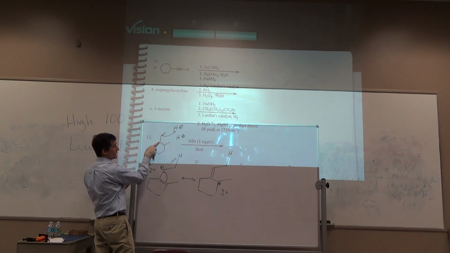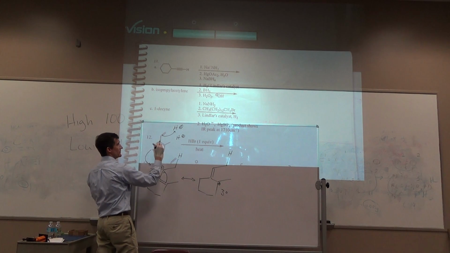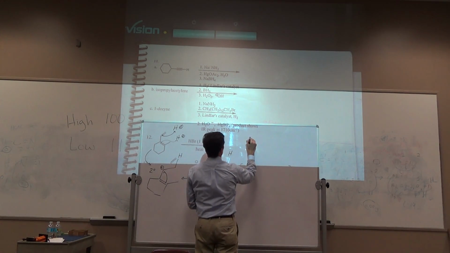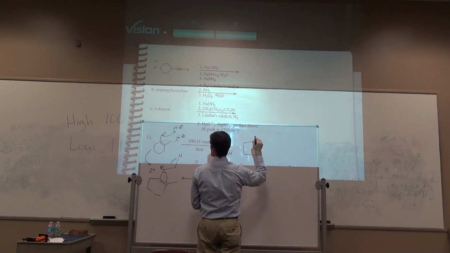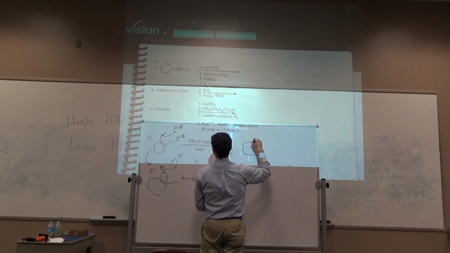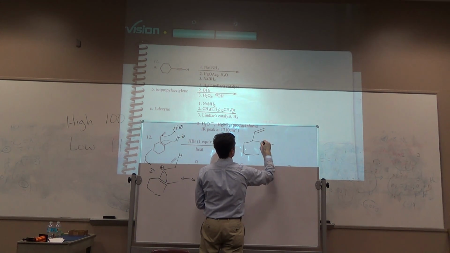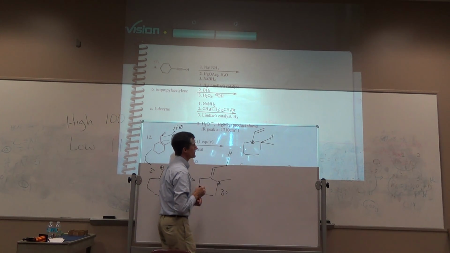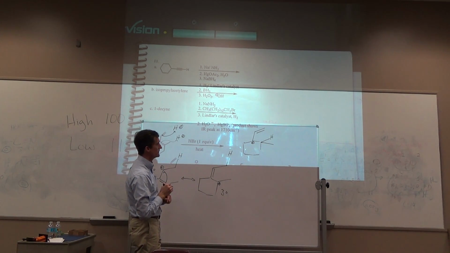We're going to make the cation on the left, correct? So it'd be resonance stabilized. That gives a plus there.